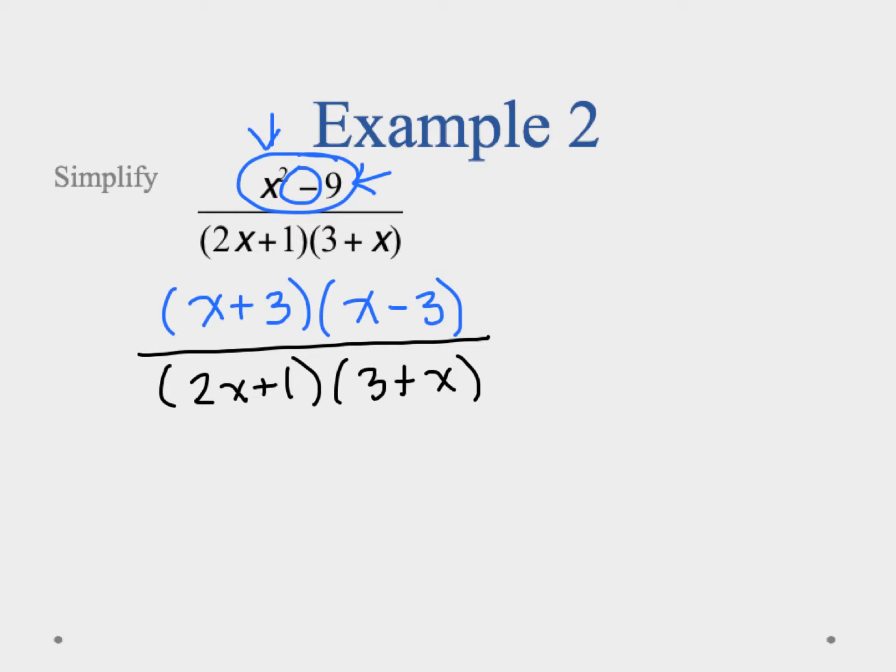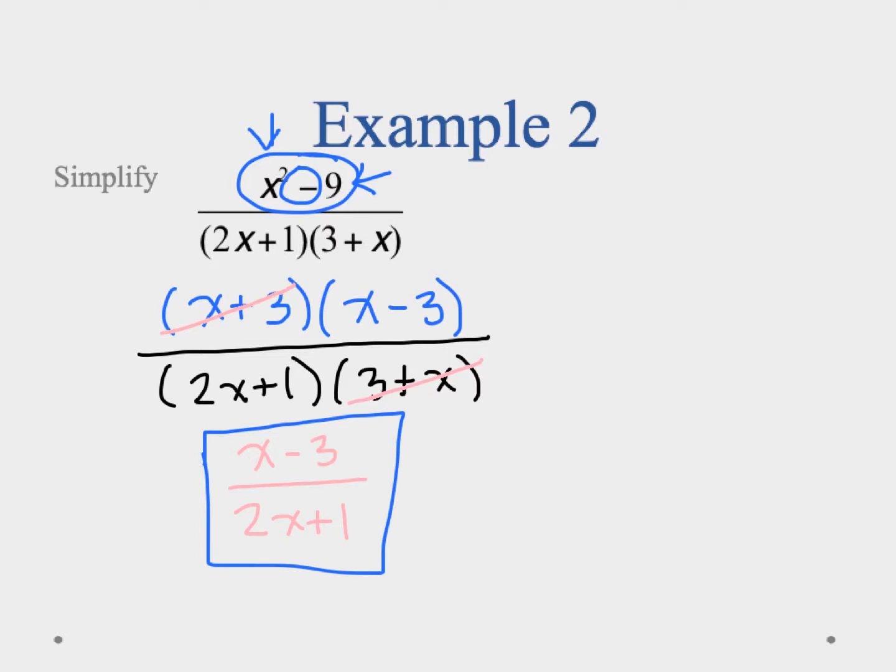Well, x plus 3 and 3 plus x are actually the same thing, so those can cancel out because x plus 3 divided by x plus 3 just makes a 1. So now I'm left with x minus 3 divided by 2x plus 1. And it doesn't look like there's anything else that I can factor out.